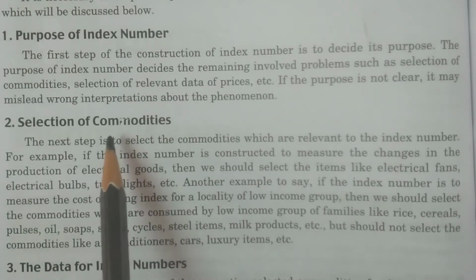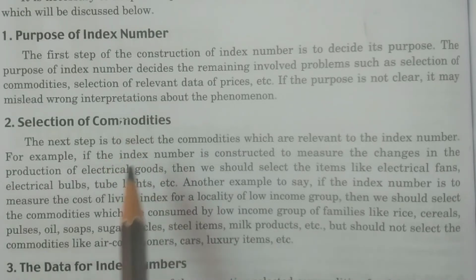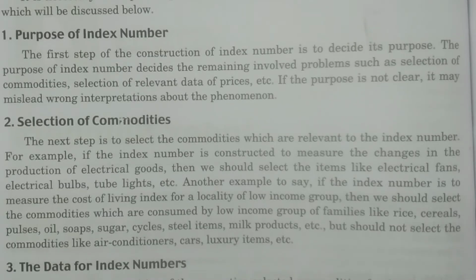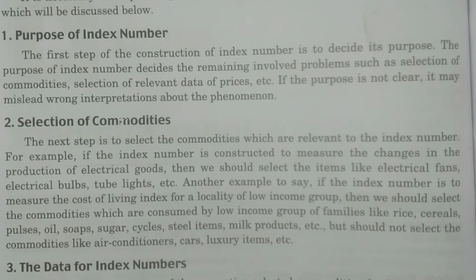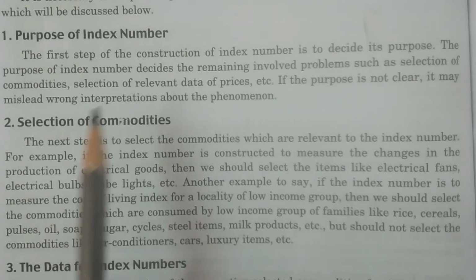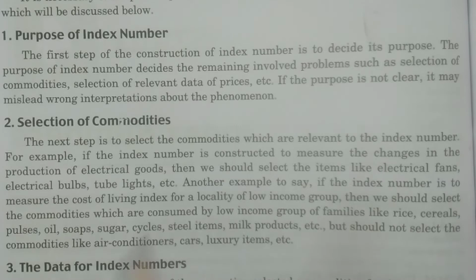So the commodities to be taken are selected by keeping in view the purpose of the index number. After deciding the purpose of the index number, what commodities are going to be selected is based on the objectives of the construction of the index number.